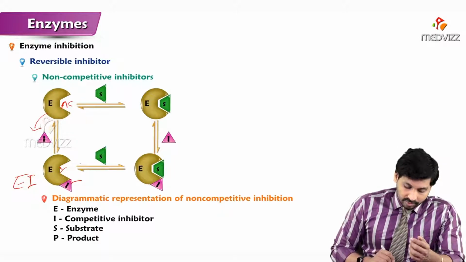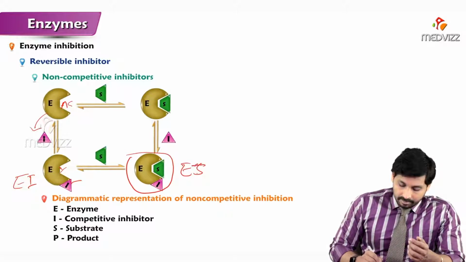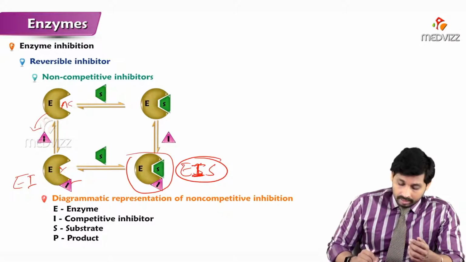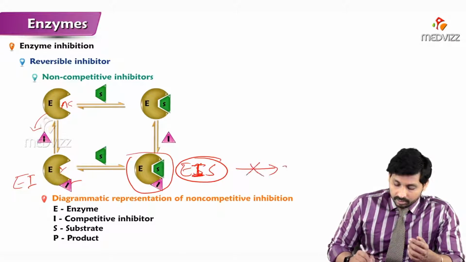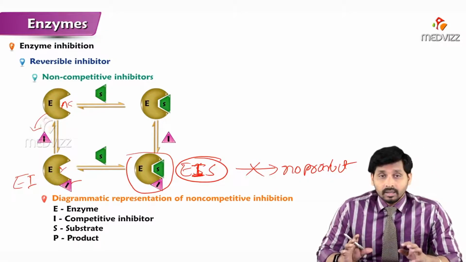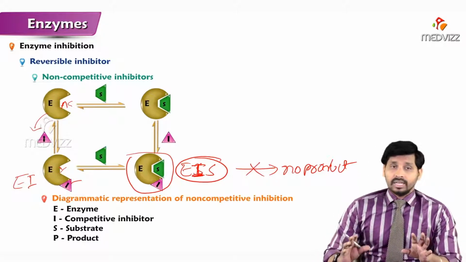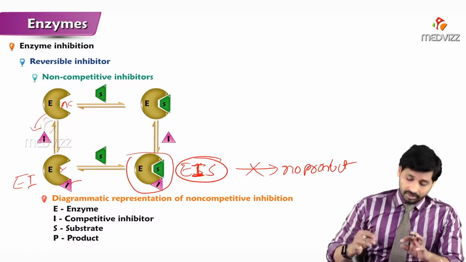Then the substrate will bind to form the enzyme inhibitor substrate complex, and there is no reaction further, no product. Alright, so this is the mechanism of how non-competitive inhibitors work.